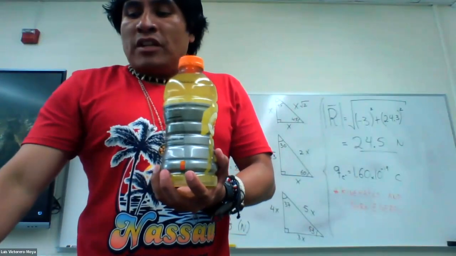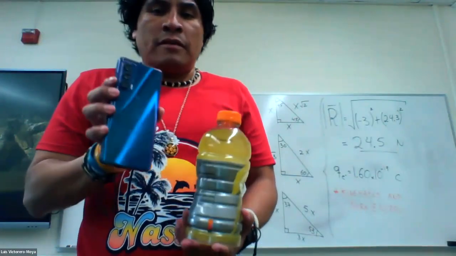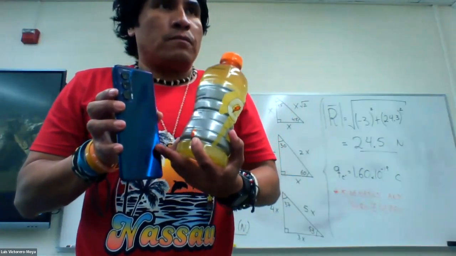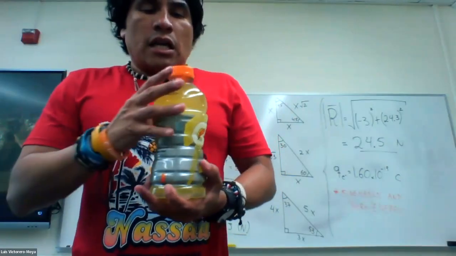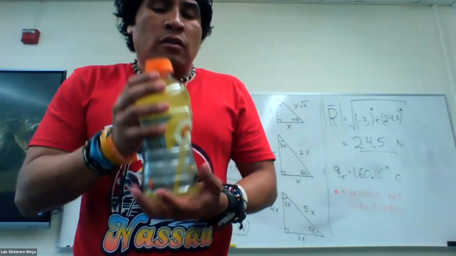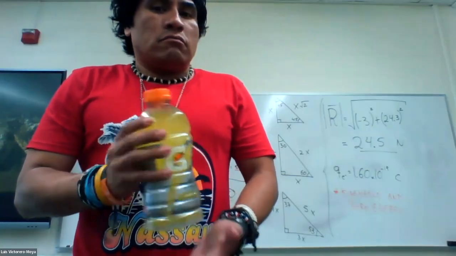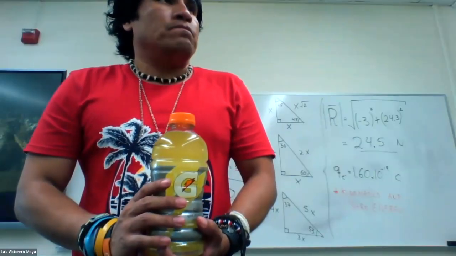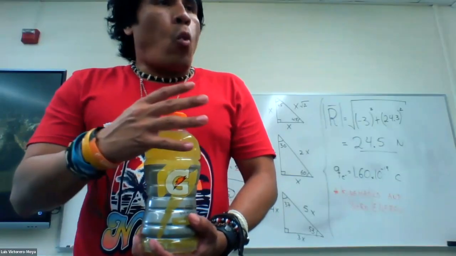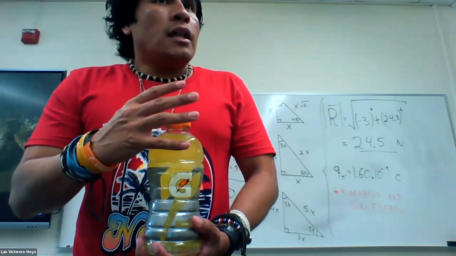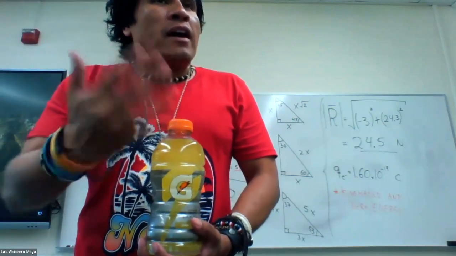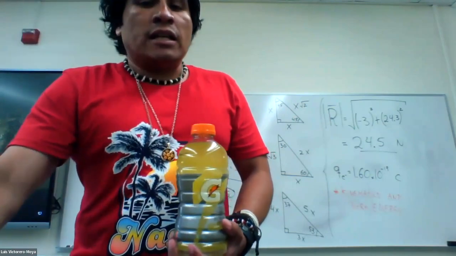If this was to be charged, all the charge will be on the surface of this conductor. But if this is an insulator, the charge will be distributed all among its volume, which is why the way electrons move is much more slowly than in a conductor.